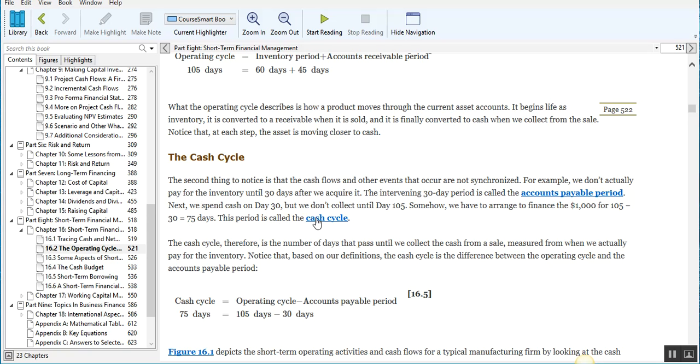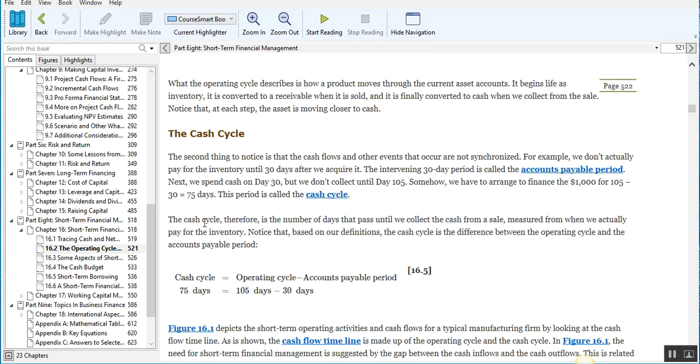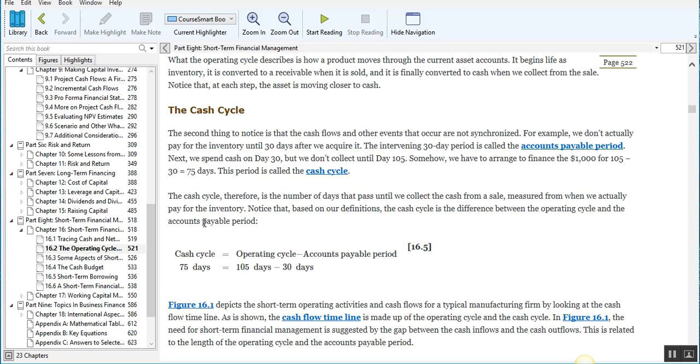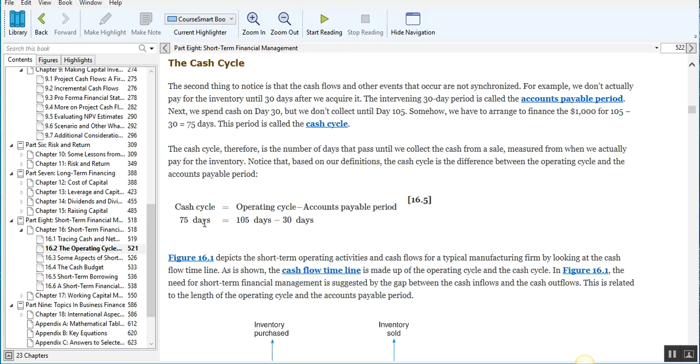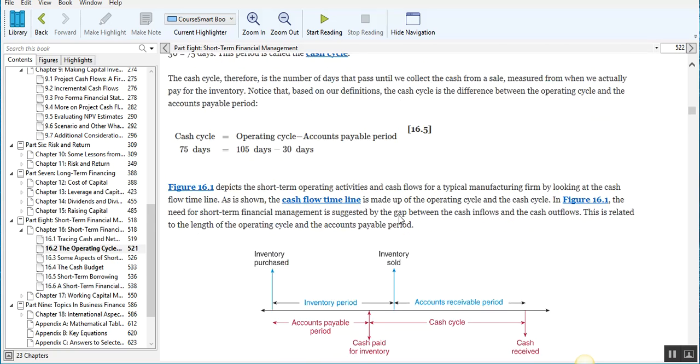That period is called the cash cycle. In other words, we're going to have to go for 75 days with some kind of internal reserve or some kind of cash availability until we collect the money from our customers. So the cash cycle is equal to the operating cycle minus the accounts payable period.